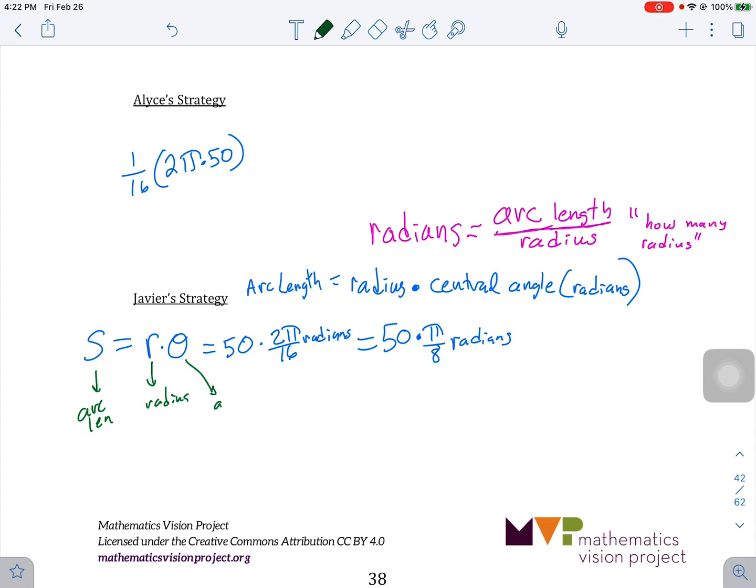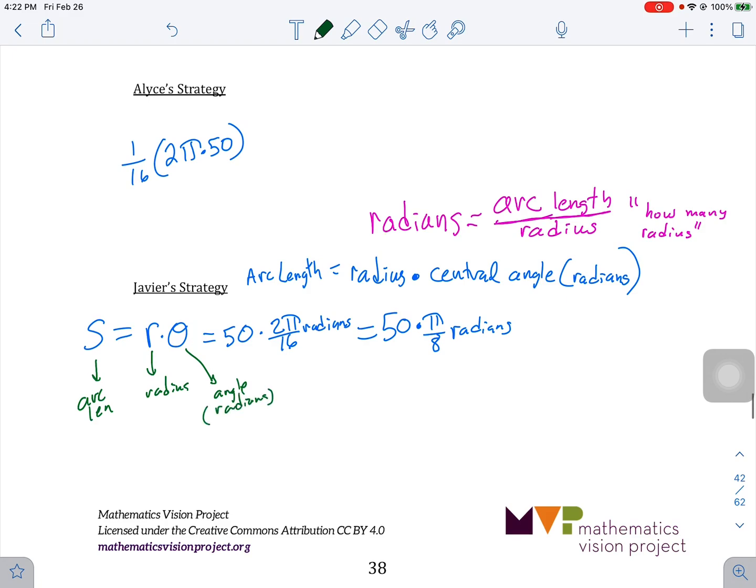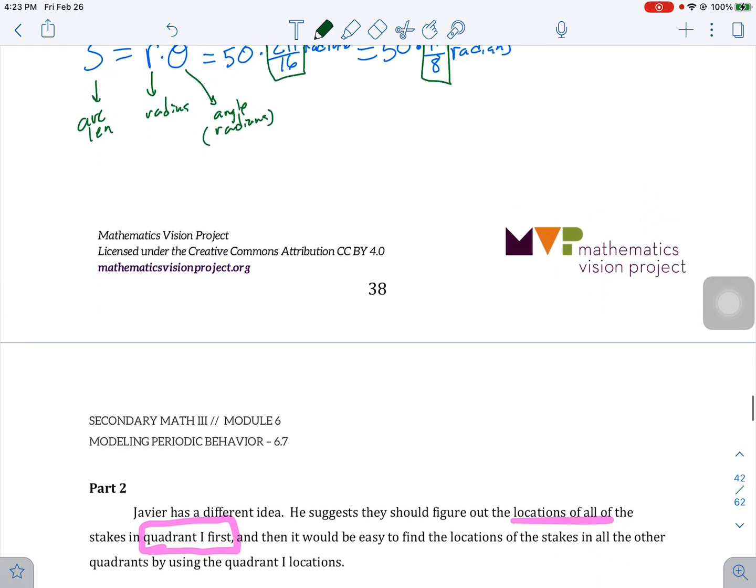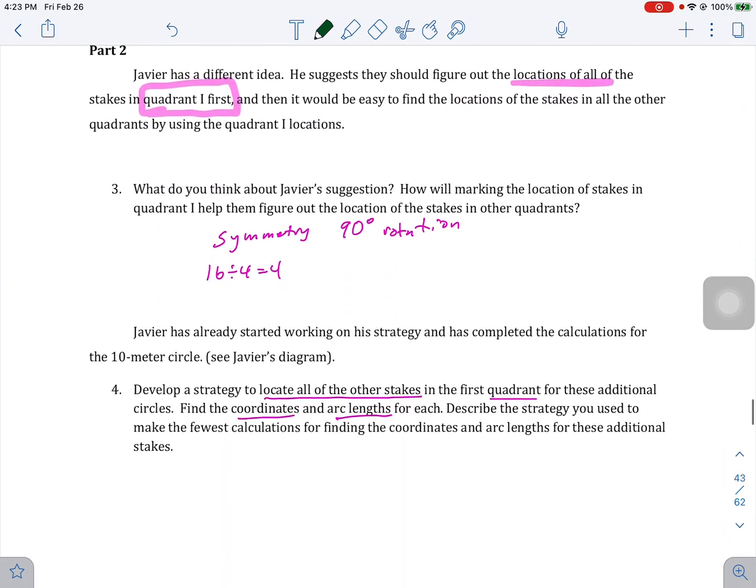And this is the angle measured in radians. Okay. So, for example, you could do the radius times, there's 2 pi radians. If you're only going 1/16 of the way, it would be 2 pi divided by 16, or pi over 8 radians.